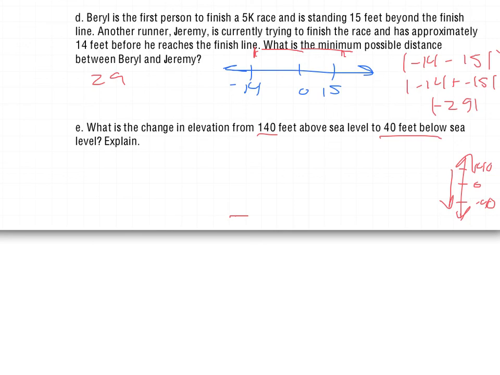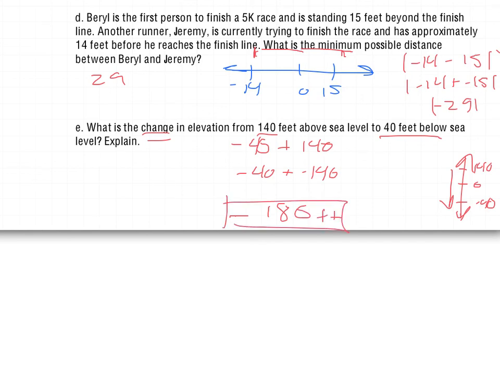And looking at this, it's not absolute value because we're looking for change. So -40 minus 140. Change that to adding the opposite: -40 plus -140 is going to give me -180 feet. Alright, go ahead and move on to your independent work.